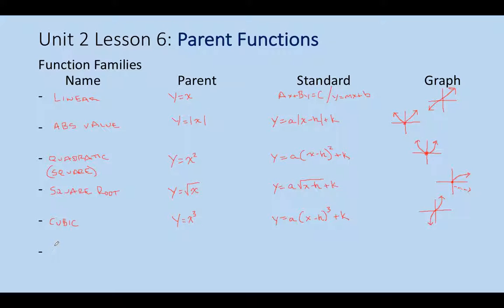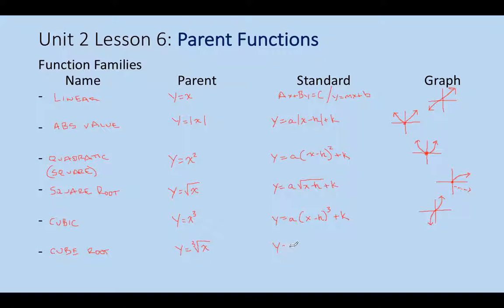The last one that we're going to be commonly looking at is the cube root. So the cube root function is going to be like y equals, not the square root of x, but the cube root of x. And if you kind of made the connection that the square root function was just the square function tilted, you could get a very similar process here.